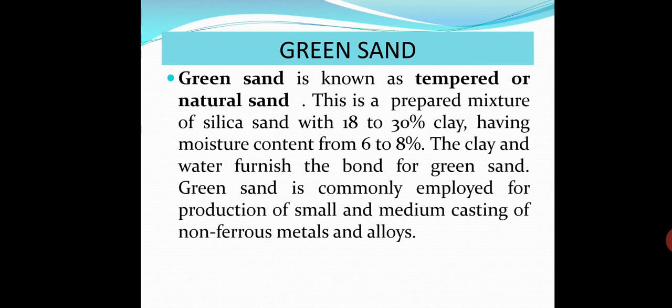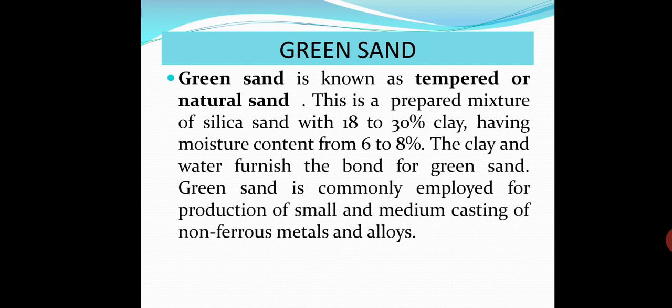This sand is a prepared mixture of silica sand, so these are the constituents: silica sand with 18 to 30% clay and moisture content of 6 to 8%. This green sand is used for medium and small casting.